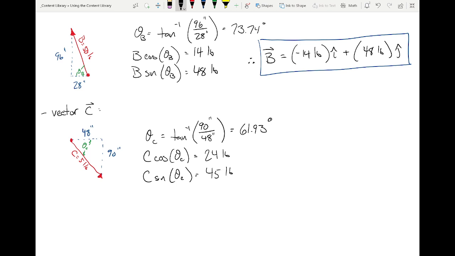And because the vector is along the positive x direction but negative y, we say that C equals 24 pounds times I plus negative 45 pounds times J. And if you wanted, you could write it like that, or you could write 24 minus 45.